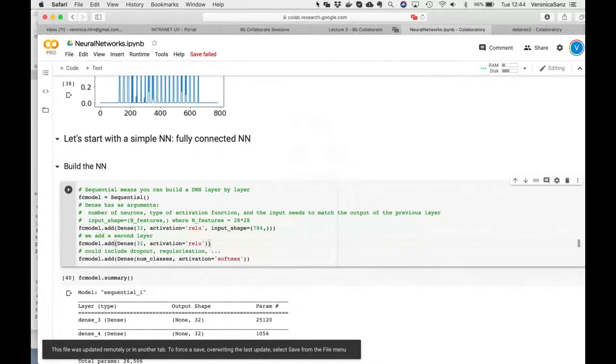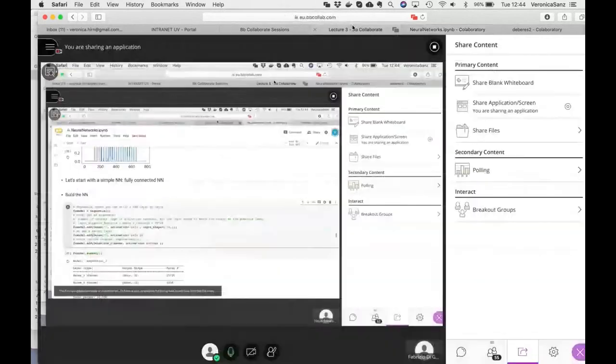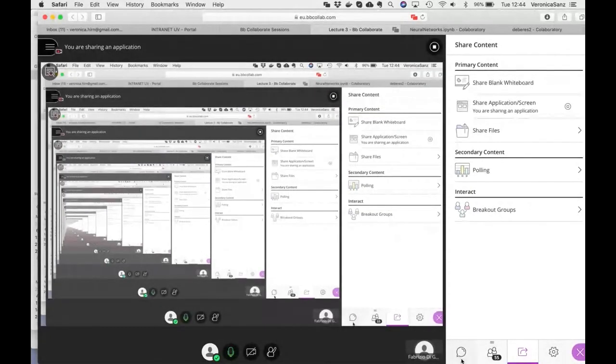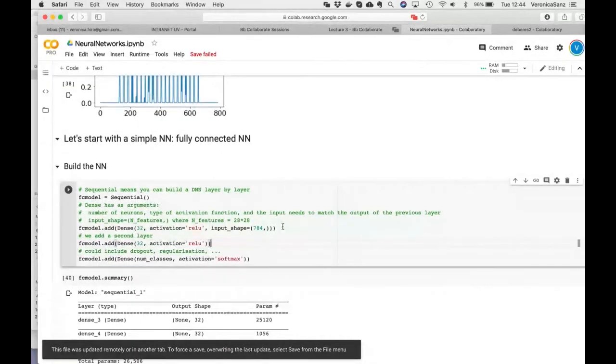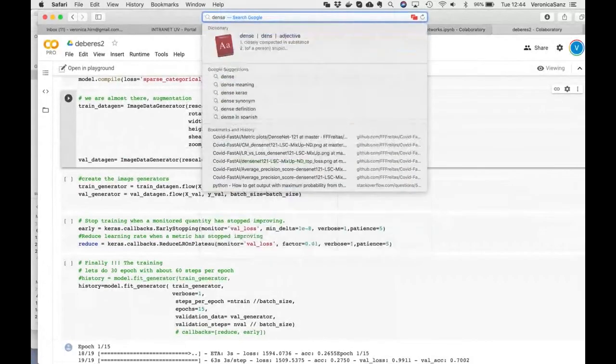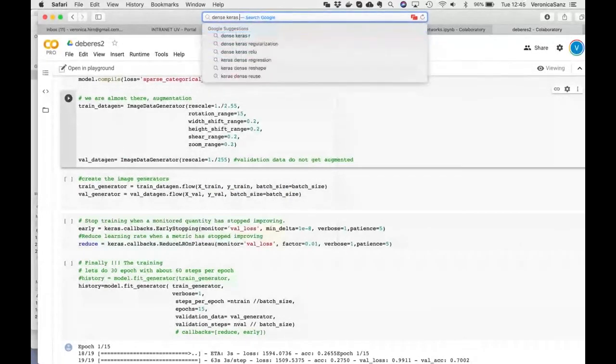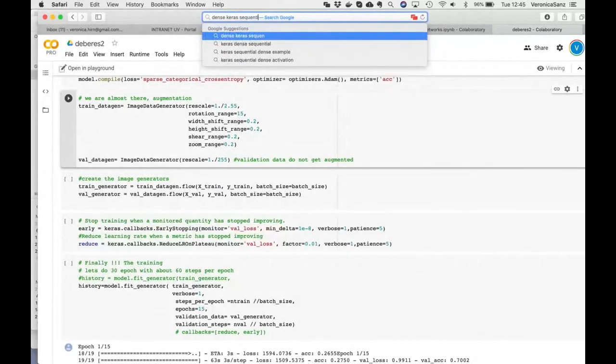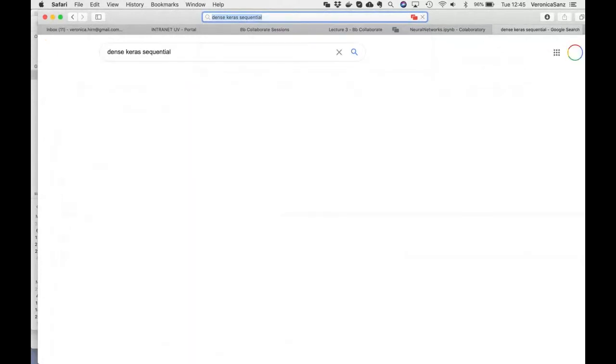I actually have a question about the dense because I didn't understand exactly what the 32 means. From what I understood, I have an input of 700 and whatever pixels, and then the output is 32, but I didn't understand exactly what this means.